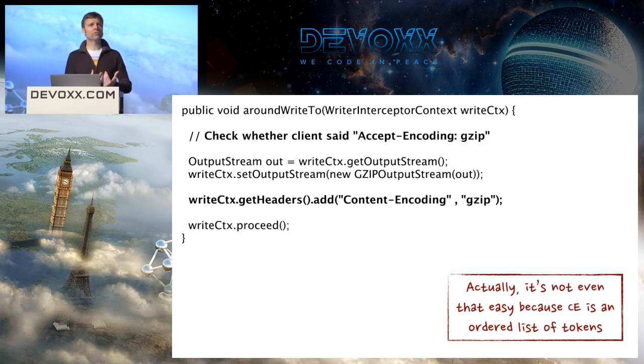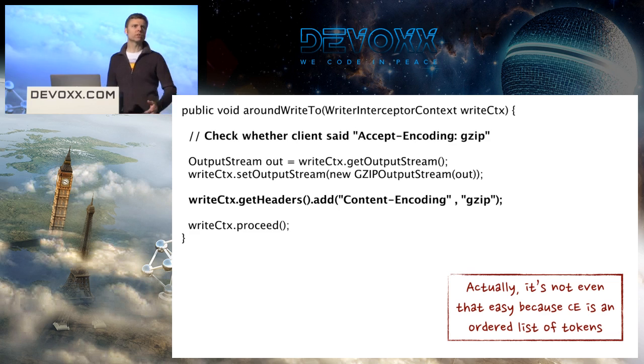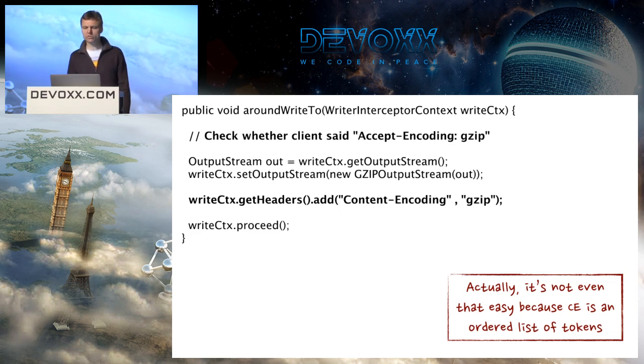The first thing you would have to do is look at the HTTP request headers to see whether the client is capable of processing a gzipped encoding. You cannot just throw it in there, because HTTP has this content negotiation mechanism, where the client should say Accept-Encoding if it is capable of decoding gzipped responses. But even more important, you have to supply a Content-Encoding header, otherwise you produce an invalid HTTP message.